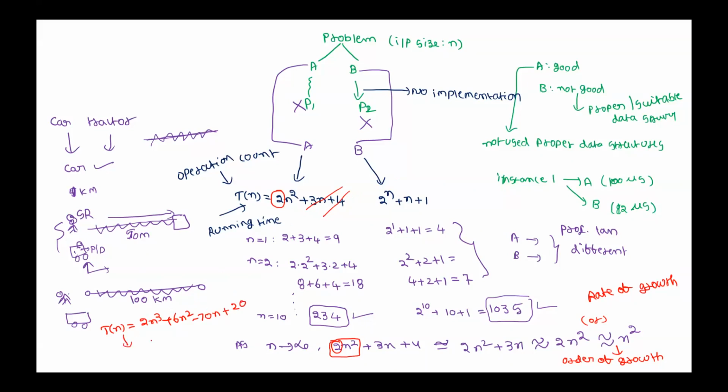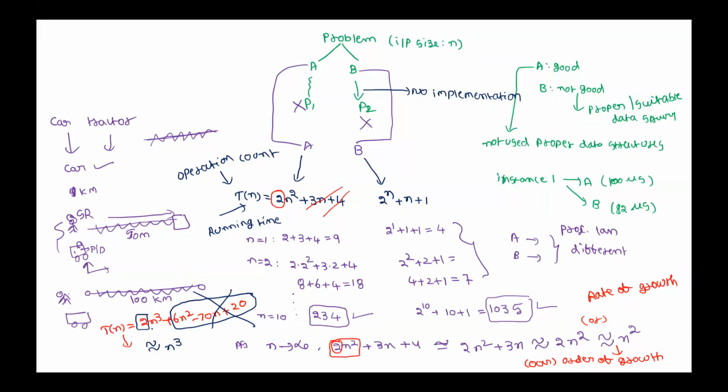The lower order terms are n square, n, and 20. These three are lower order terms, so only n cube remains. Not only that, the constant coefficient is 2, which we also remove. Whatever remains, for large values, is approximately n cube. This we call the order of growth or rate of growth of T of n.